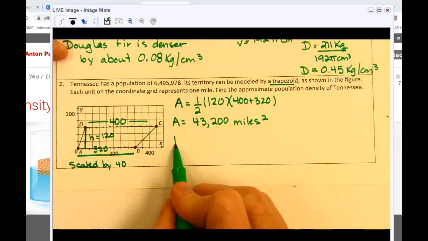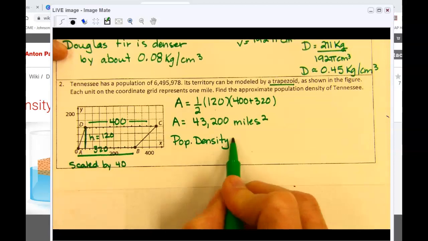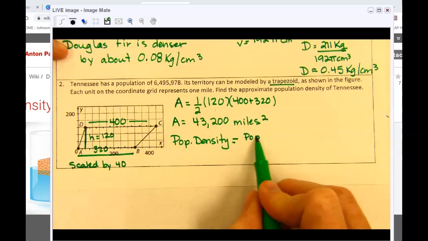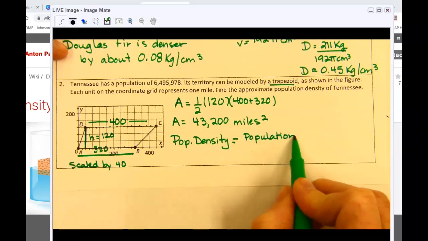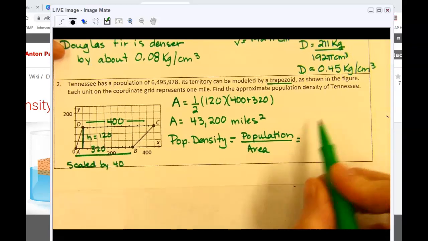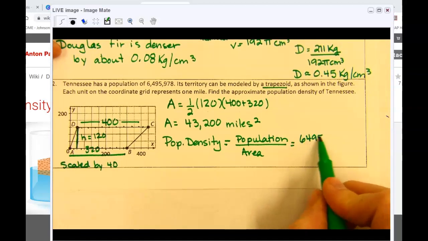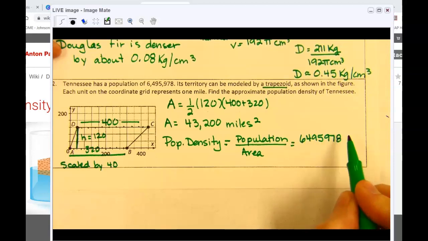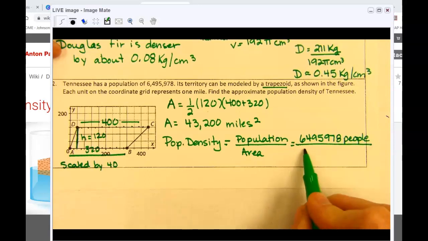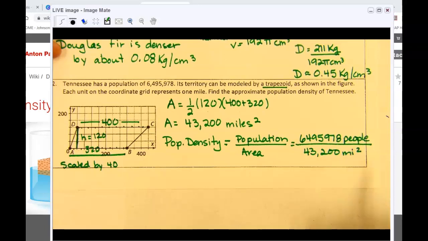Now, we are ready to calculate the population density. So we're going to say population density equals. Now remember what we're doing. We're going to do the population of Tennessee divided by the area of Tennessee. So the population of Tennessee, according to the problem, is 6,495,978 people, divided by the area of Tennessee, 43,200 square miles.